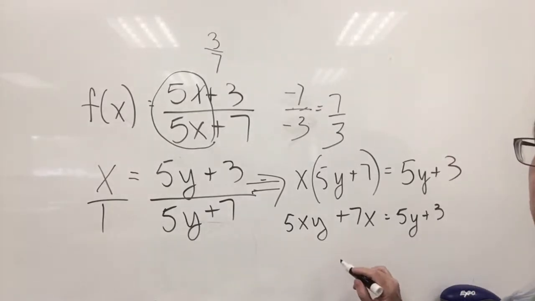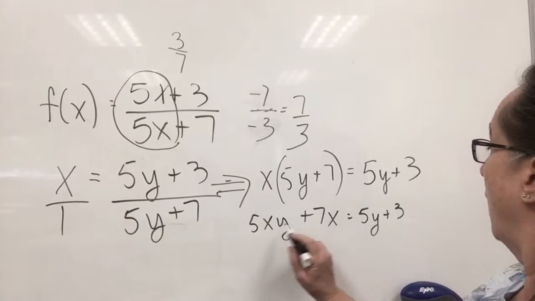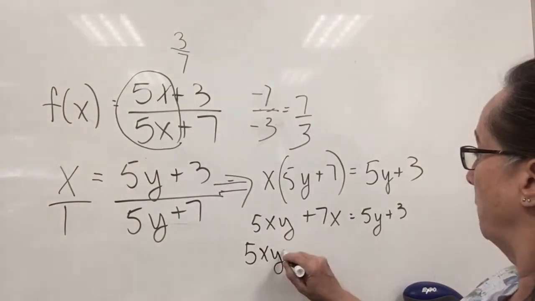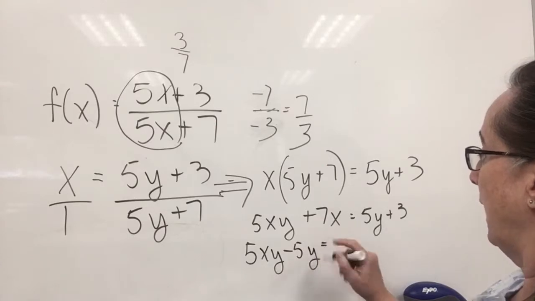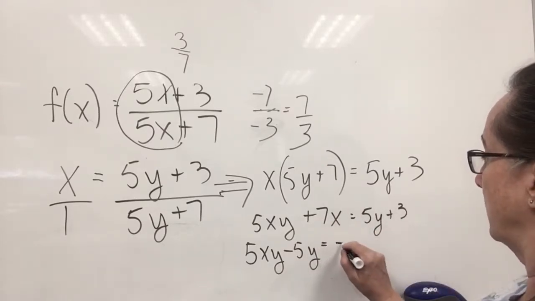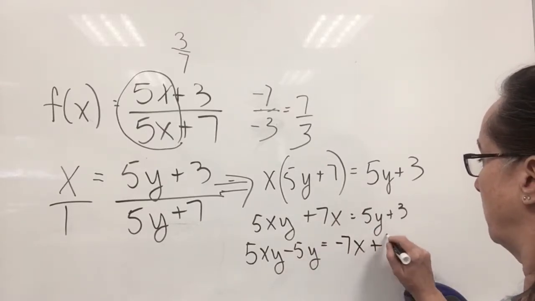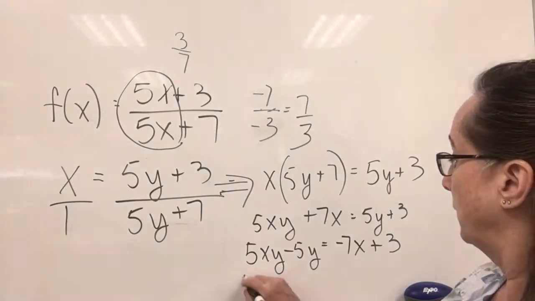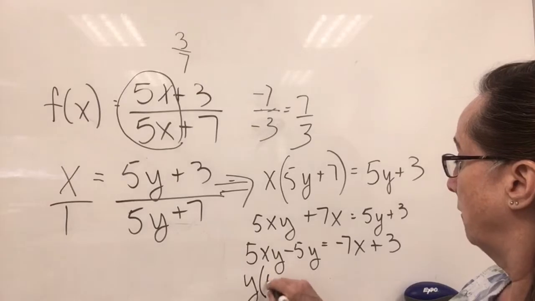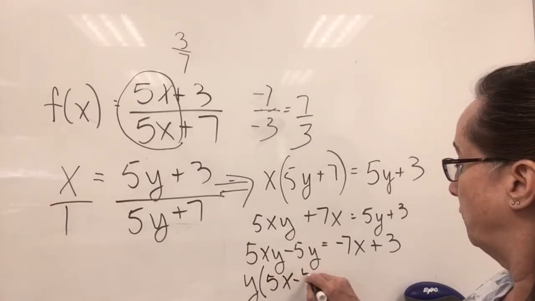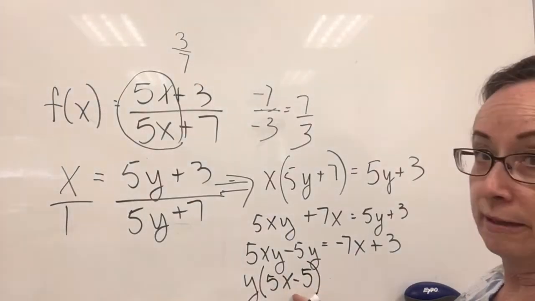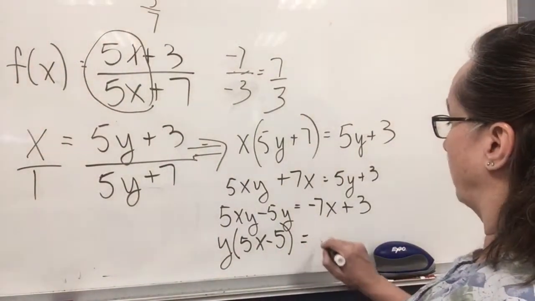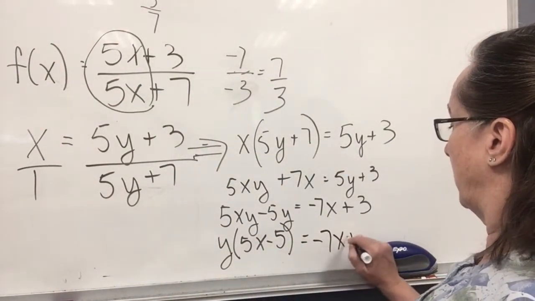Now I'm going to get all my y's on one side: 5xy minus 5y. And then I'm going to get my x over here, so it's a negative 7x plus 3. Then I can factor out my y, so I get y times 5x minus 5 on the left, and on the right I've got a negative 7x plus 3.